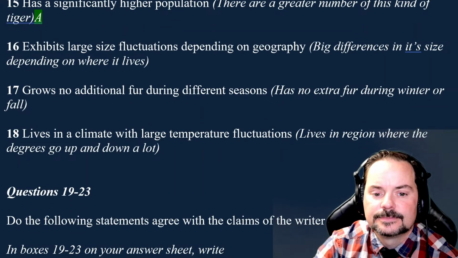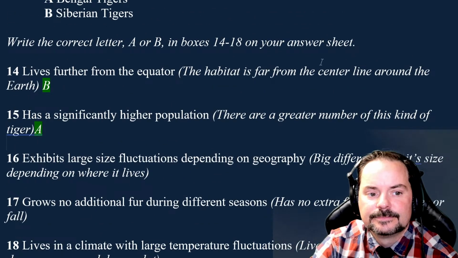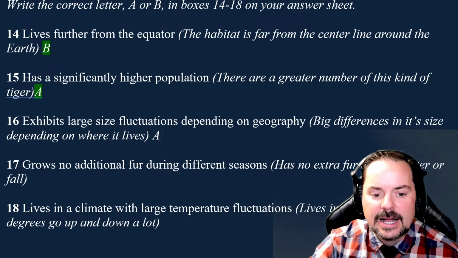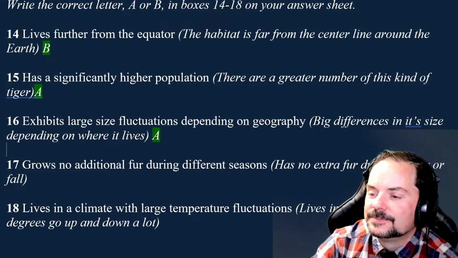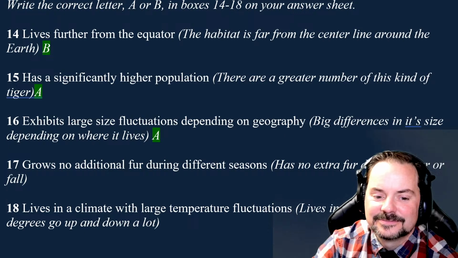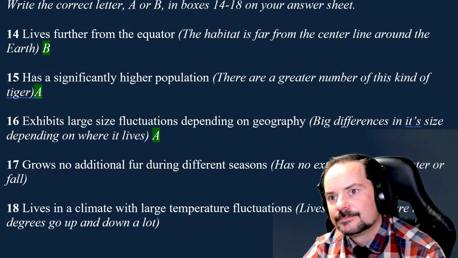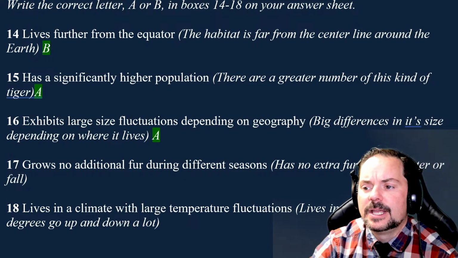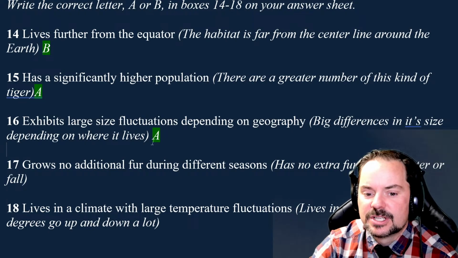All right, number 16: exhibits large size fluctuations depending on geography. It's Bengal tigers, I think. Yeah, really good. Bengal tigers. What's the size fluctuation? We even did the math on this one. It was 235 and 220, so it's about a 10%, a little bit less, 7% average size difference, right?